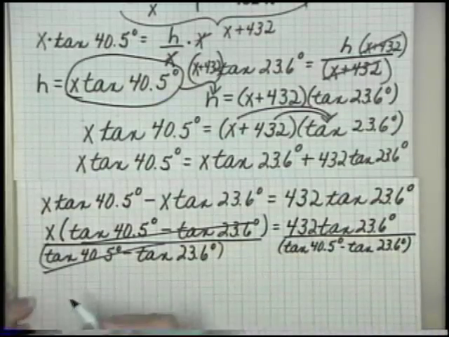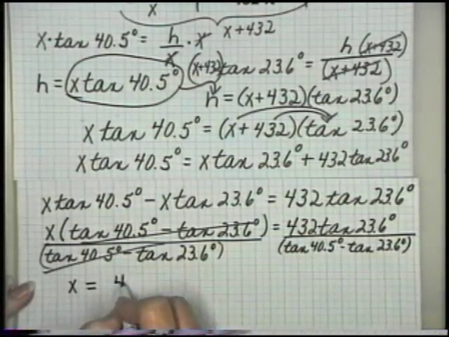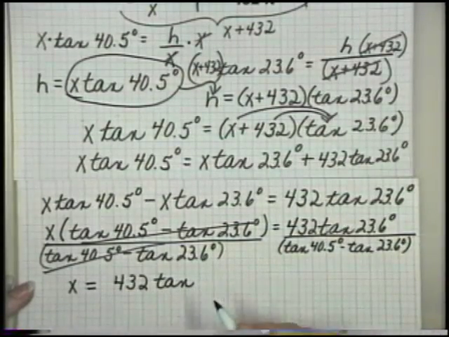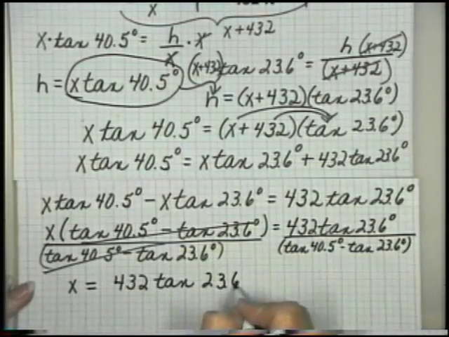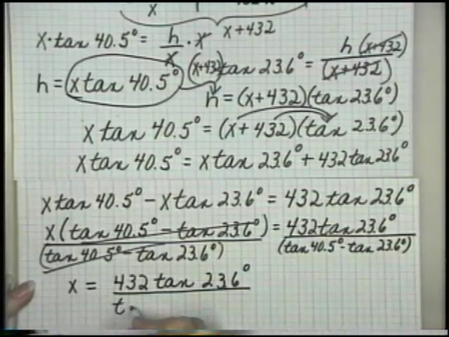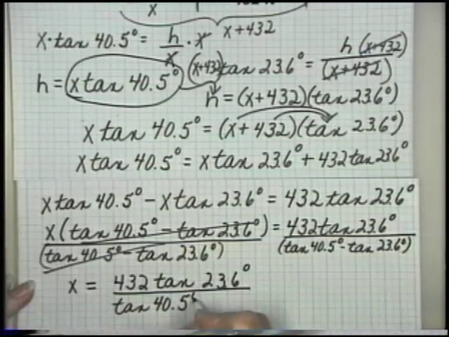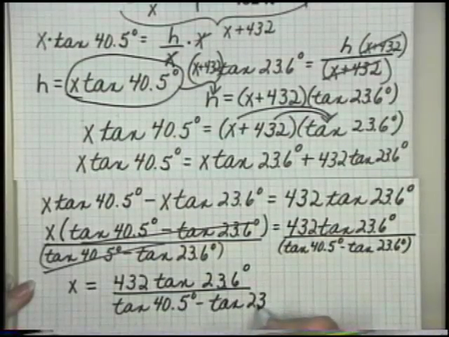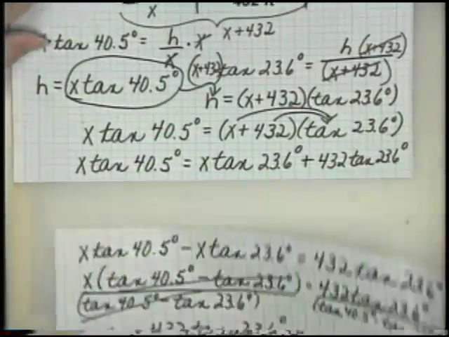Okay? And what happens is these divide to 1, and so we have that x is equal to 432 times the tangent of 23.6 degrees divided by the tangent of 40.5 degrees minus the tangent of 23.6 degrees.